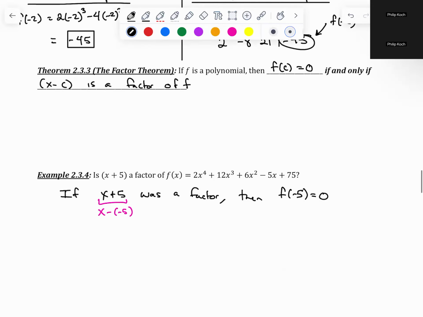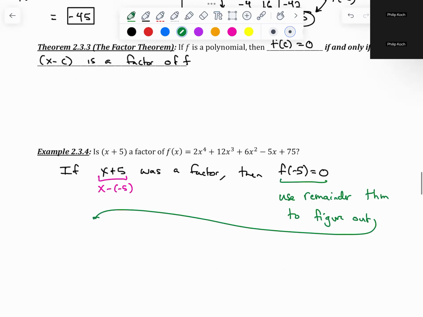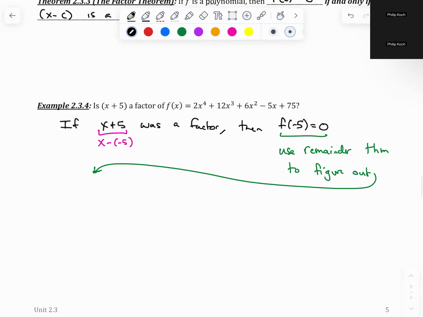So let's use the remainder theorem to figure this out. -5 is our c value, divided into 2x to the fourth plus 12x cubed plus 6x squared minus 5x plus 75.